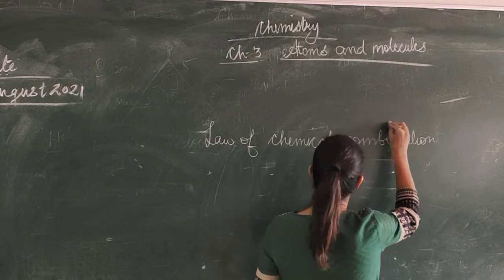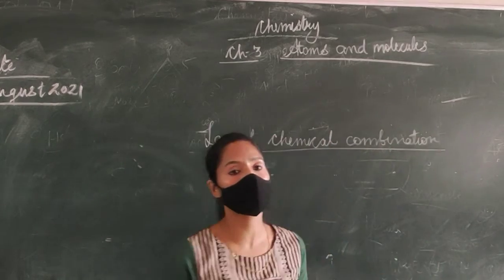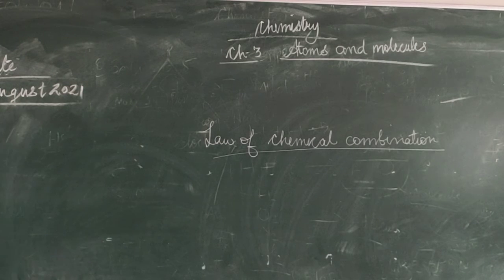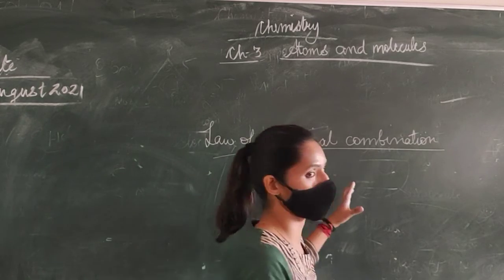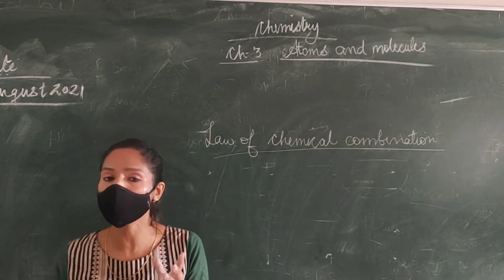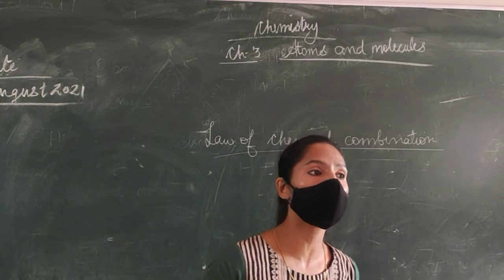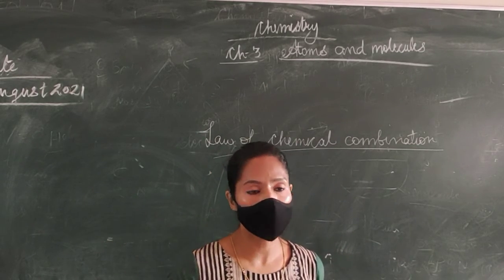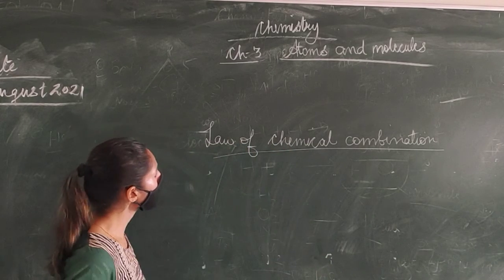When chemicals combine, we cannot combine them as we want. We cannot write anything. We have to make sure of these laws which were made by Lavoisier and Proust. You have to remember the names of the scientists also who gave the laws of chemical combination, Lavoisier and Proust.